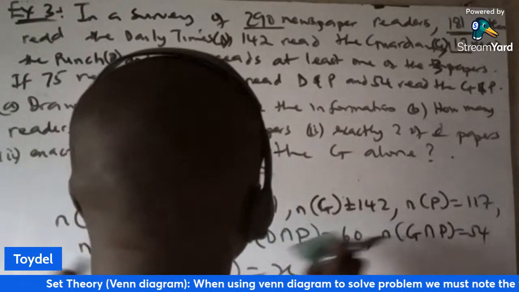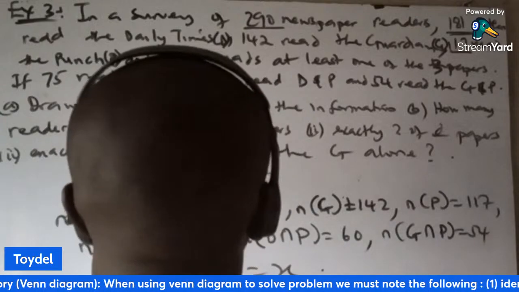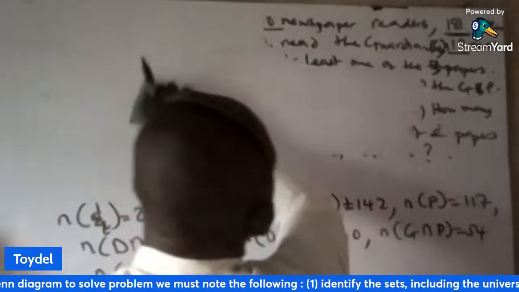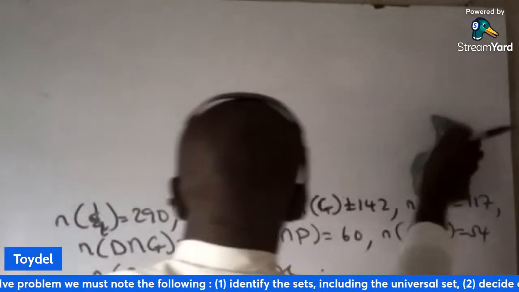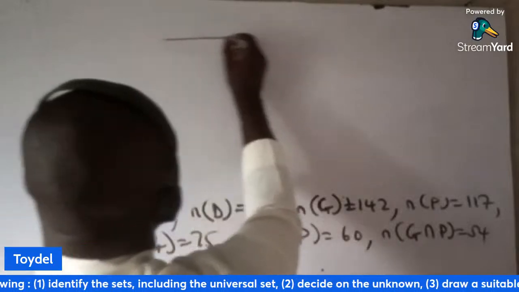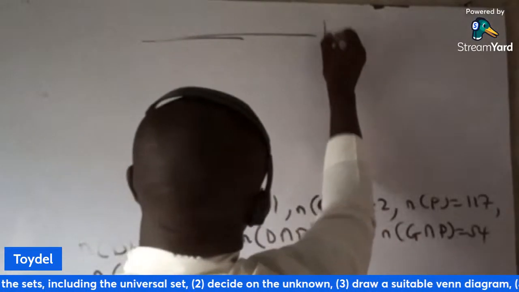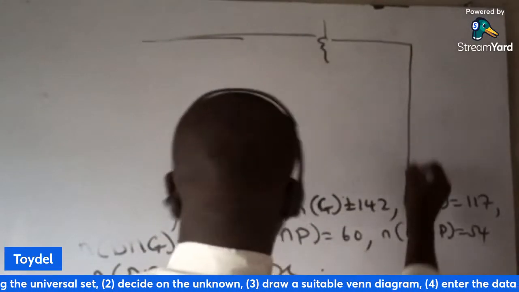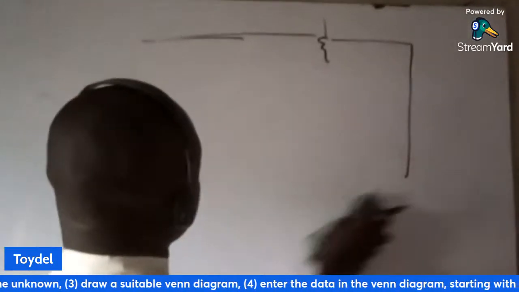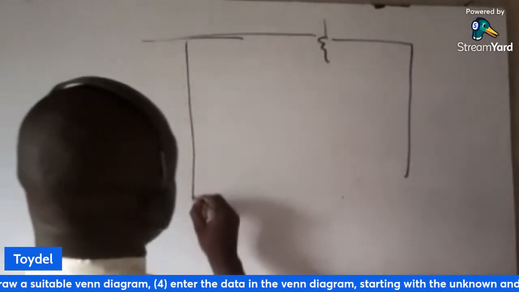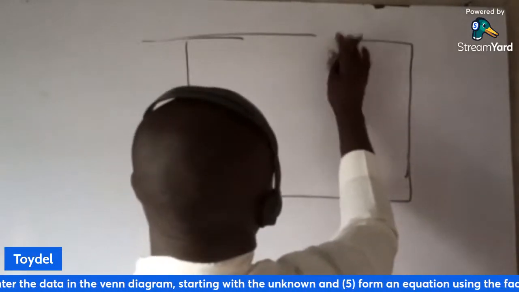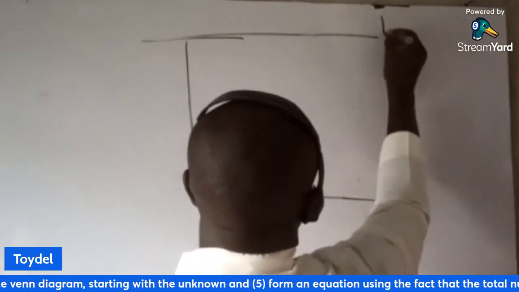So these are the information that we are given. How do we draw the Venn diagram? Let's look at the board. We have three different subsets of the universal set, so we are going to have three circles.